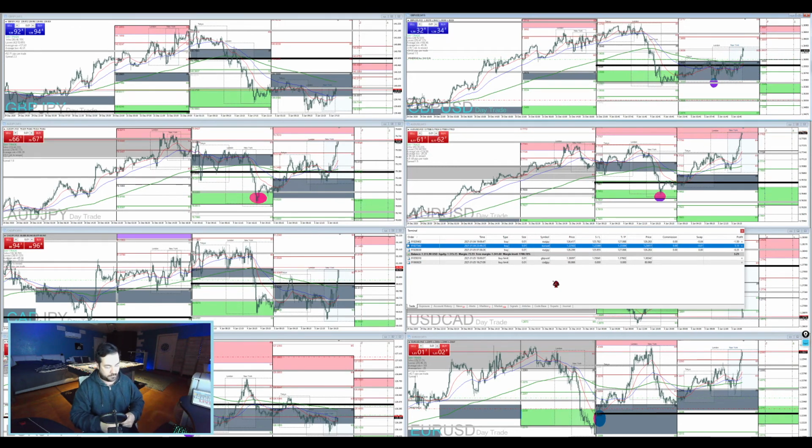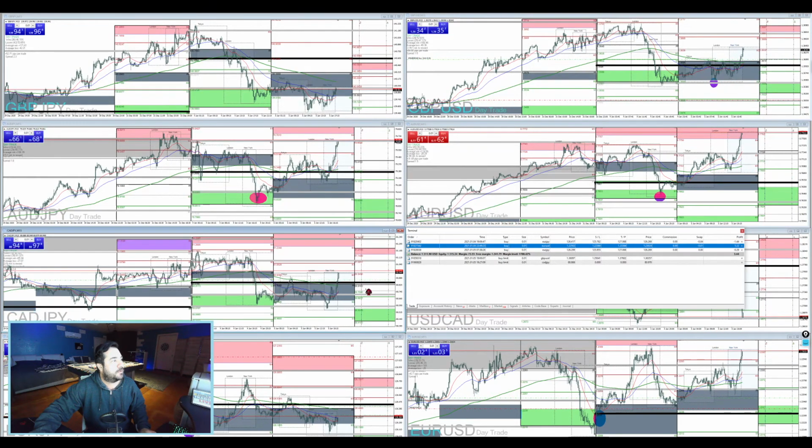Four horsemen alert. AUDJPY, we'll get to that in a second. Okay, very good. So I need to place my stop and take profit here.